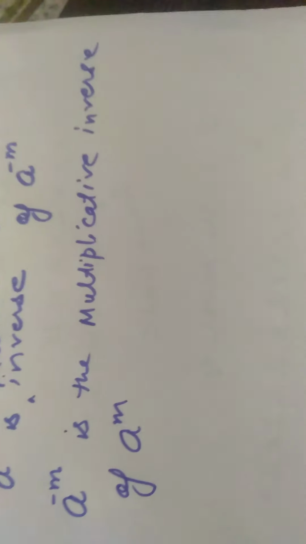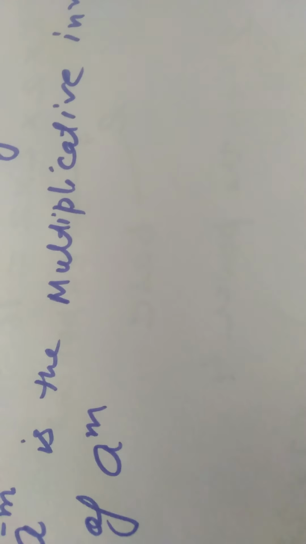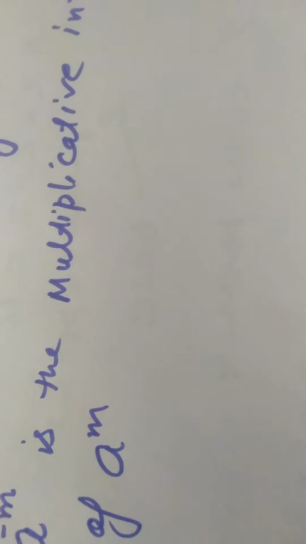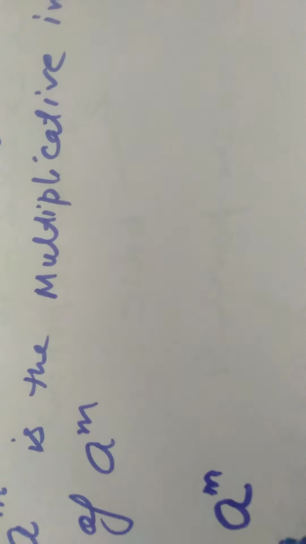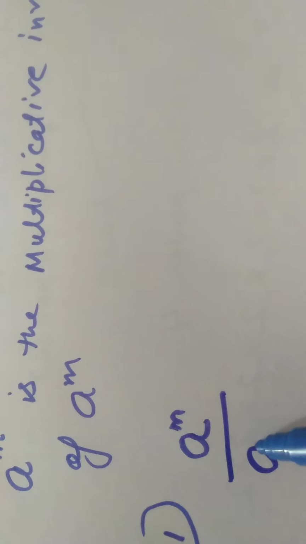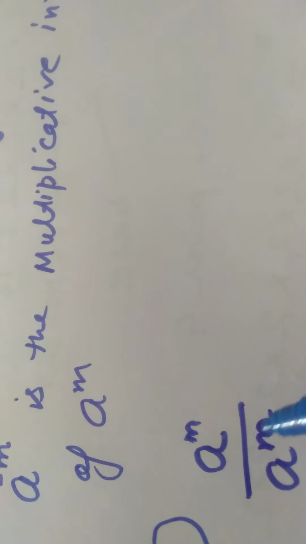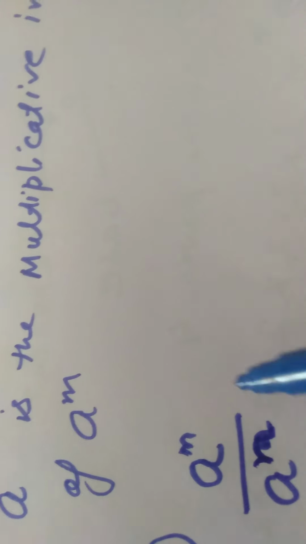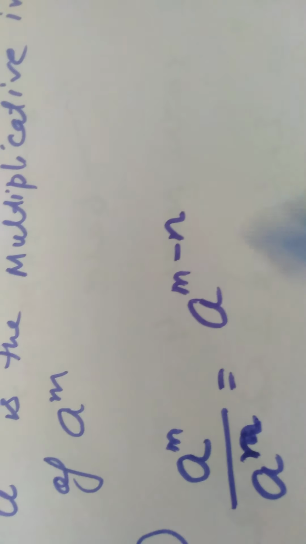So there are many laws that you need to understand to solve. The first law is a to the power m upon a to the power n is a to the power m minus n.